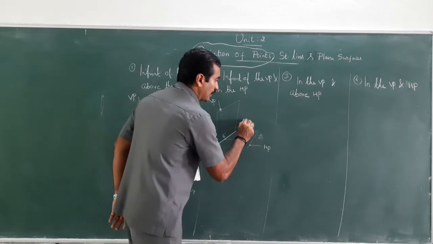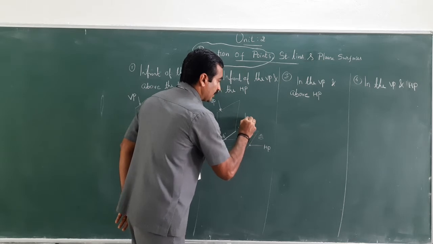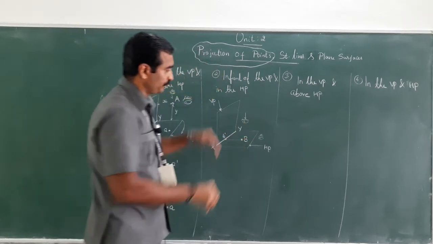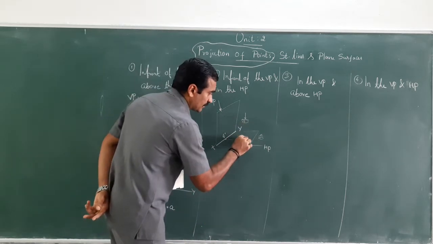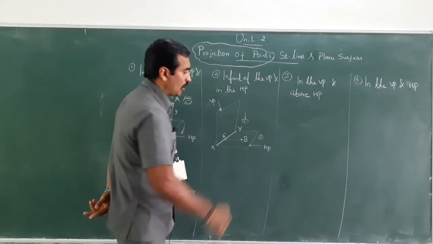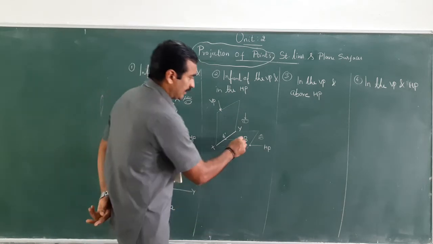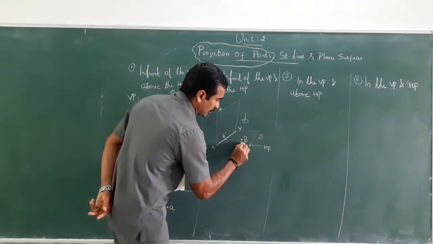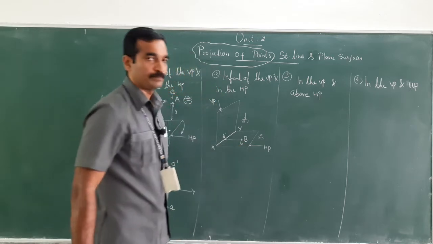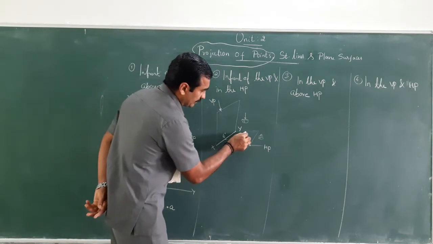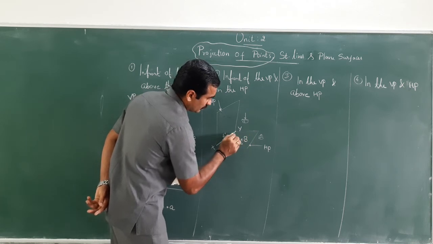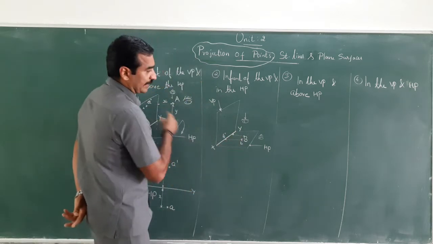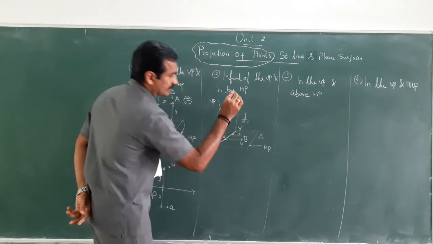And when the observer looks from the top, the point's projection would fall on the HP, at the same place. That can be denoted as B. So this distance is in front, right? Here I have taken X, so let me take this as X.